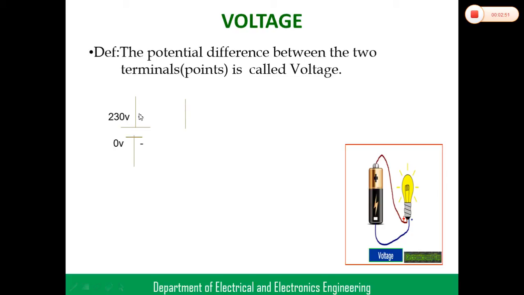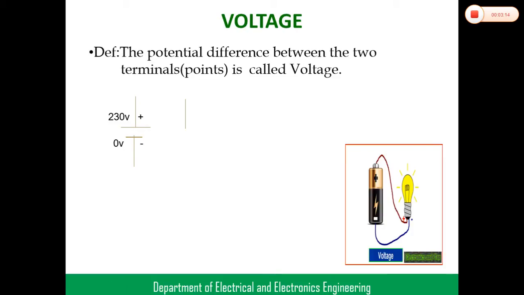Here I mentioned positive and negative. Let us say this is a voltage source. The potential of positive is 230 volts and the potential of negative is 0 volts. So the potential difference is the difference of positive and negative, that is 230 minus 0, equal to 230 volts.